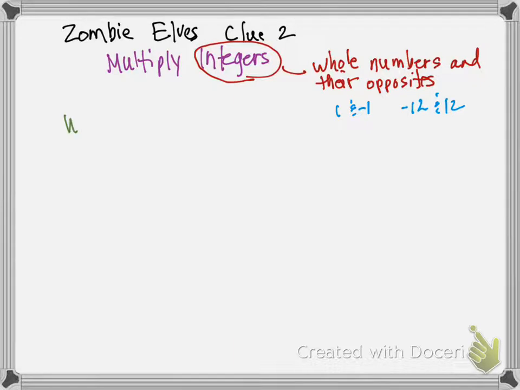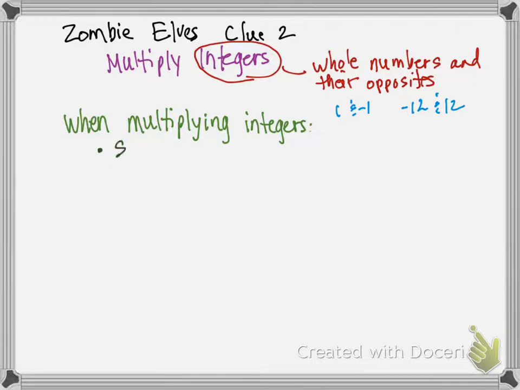When multiplying integers, we've got some things that can show up. Same signs leads to a positive answer.